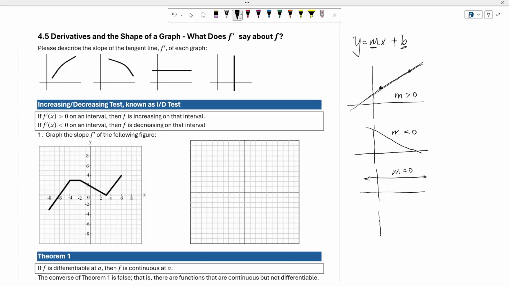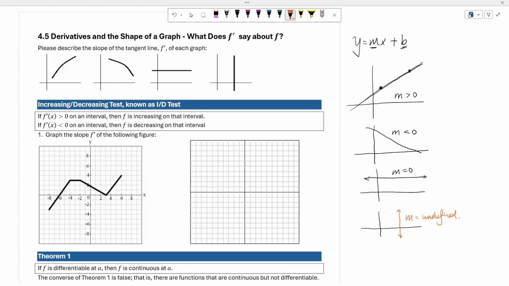The last one is actually not a function: if we have a vertical line, the slope is undefined. So this is what we know about a straight line.